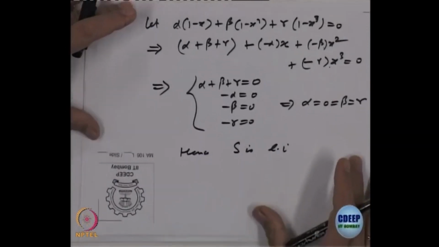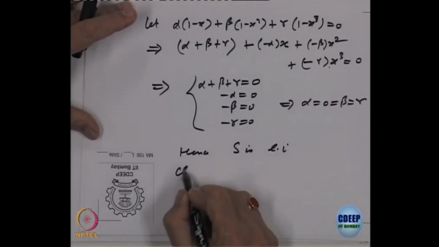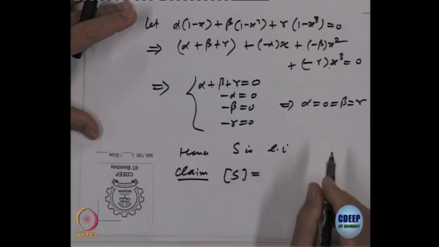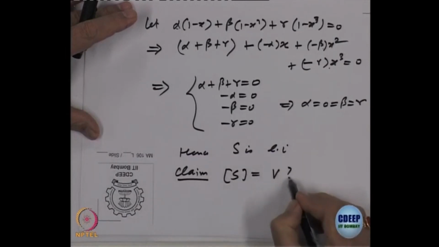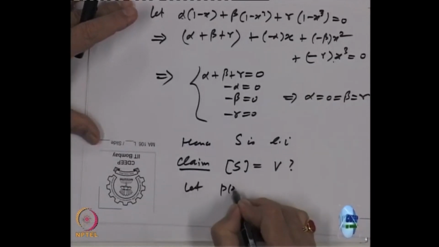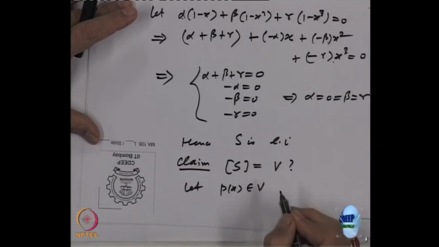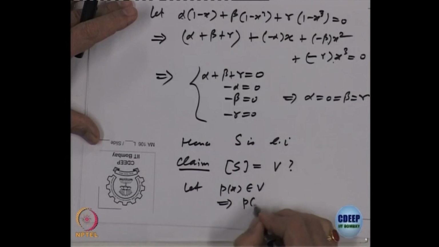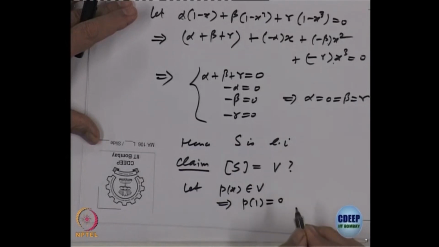It generates. So, claim: S is equal to V. Let us take a polynomial, let P(x) belong to V, which implies P(1) is equal to 0.